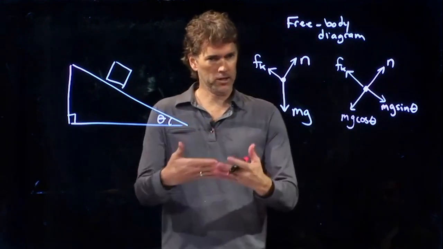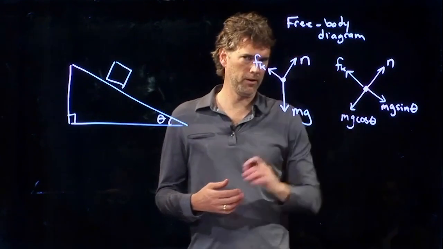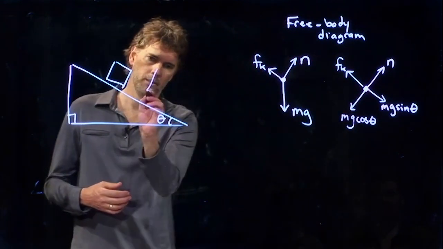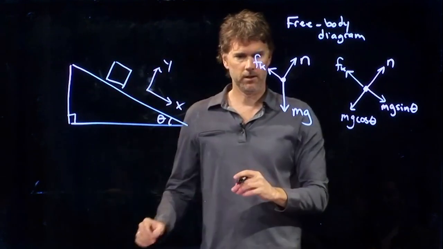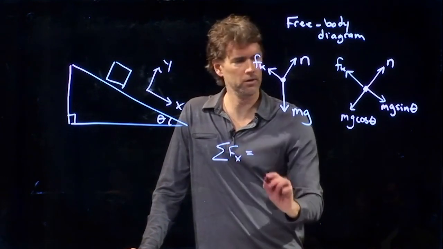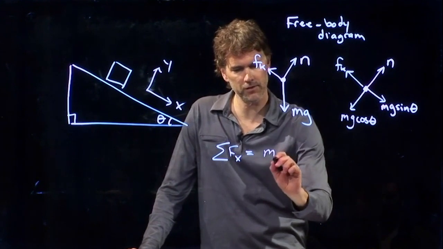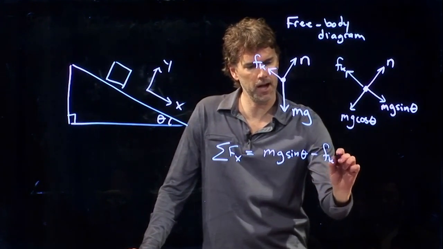So now when we get to forces, now we have orthogonal coordinates here. And if I think about coordinates x and y that are tilted, now all we have to worry about is the forces in the x direction. What are they? They're mg sine theta minus f sub k.